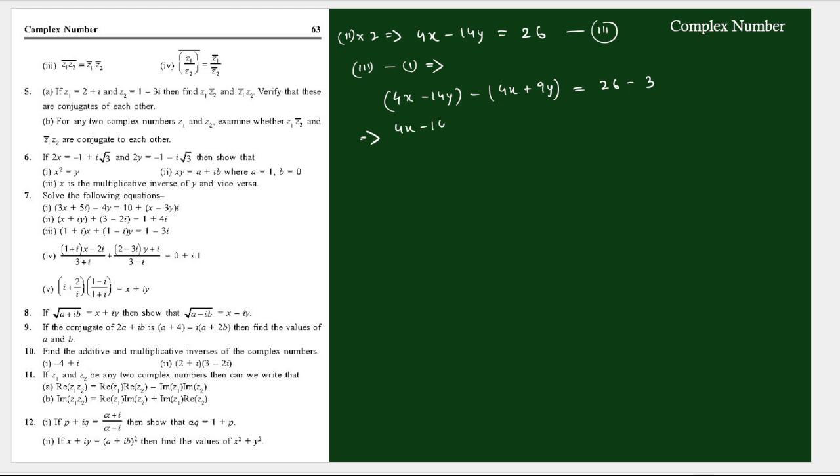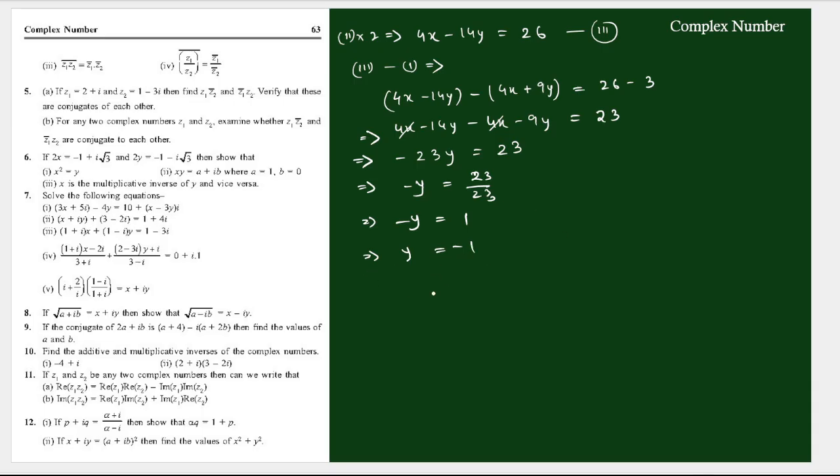So 4x minus 14y minus 4x minus 9y equal to, क्या आएगा ये, 23. So 4x minus 4x is 0. Okay, minus 14 minus 9 is minus 23y है ना. So your y will be 23 by 23. This is your 1. So y equal to minus 1.